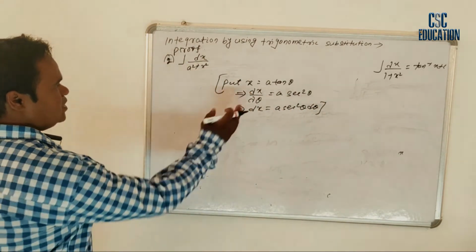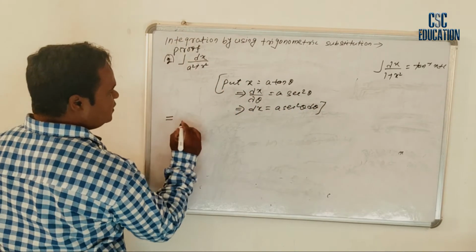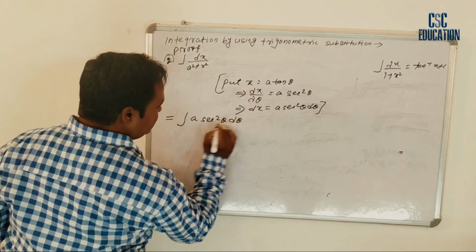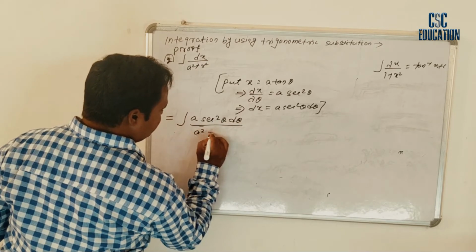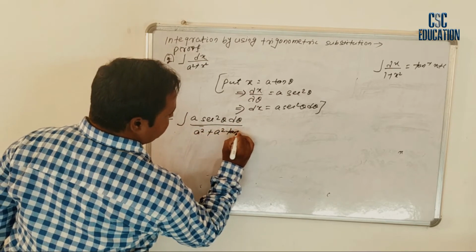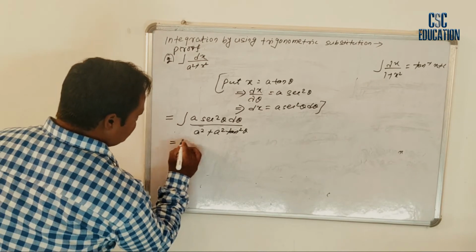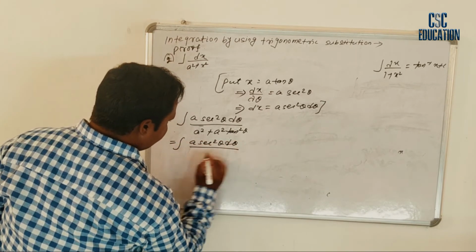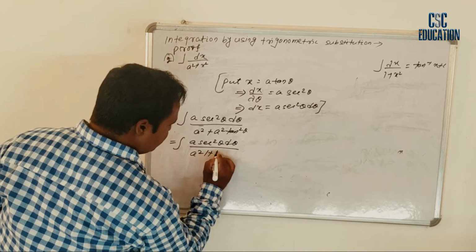Alright. Substituting this value here, we get a sec square theta d theta divided by a square tan square theta plus a square, which equals a sec square theta d theta divided by a square, taking a square as the common factor, times 1 plus tan square theta.